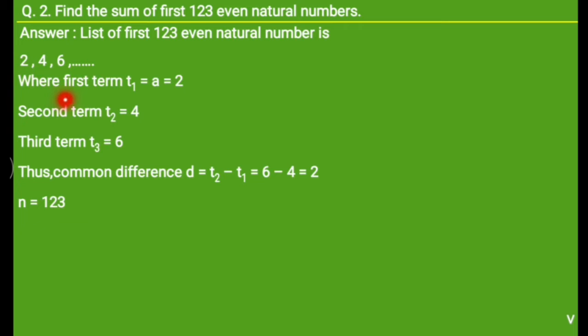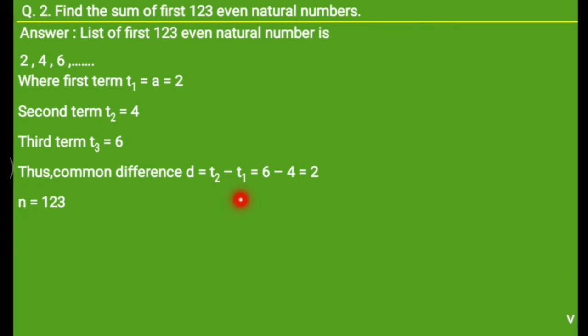So we write here, where first term t1 is a, which equals 2, second term t2 equals 4, third term t3 equals 6. So from these three terms we can find the common difference. So we write here, thus common difference d equals t2 minus t1.